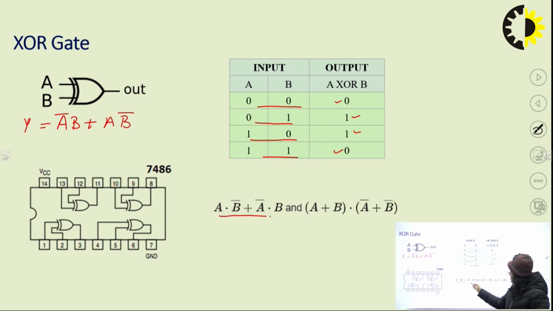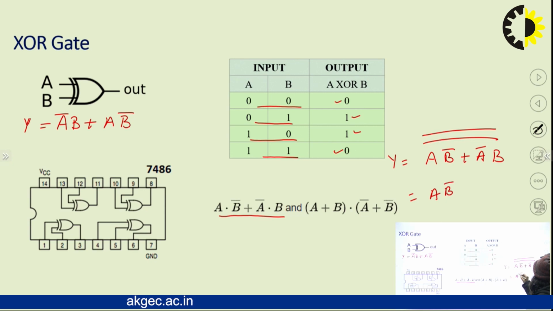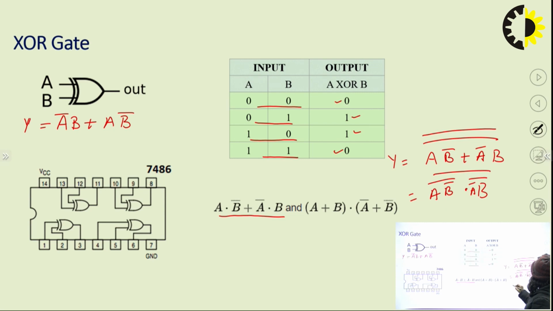That is A bar B plus AB bar. And if we write it using De Morgan theorem, then it is AB bar plus A bar B, which is (AB bar) bar dot (A bar B) bar whole bar, that is (A bar plus B) (A plus B bar) whole bar.